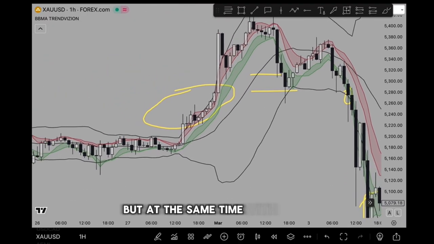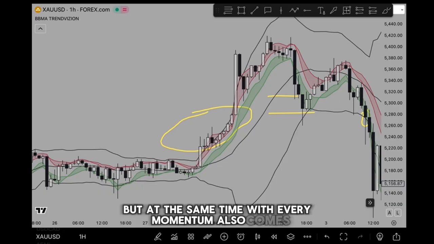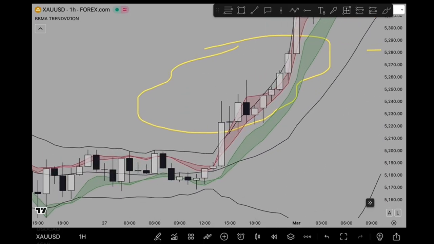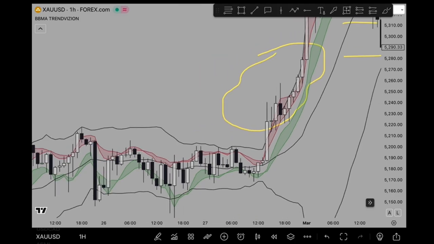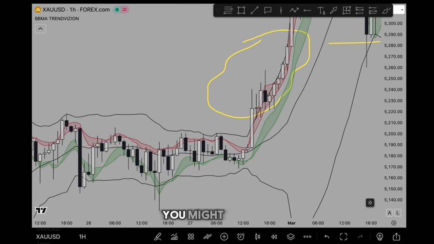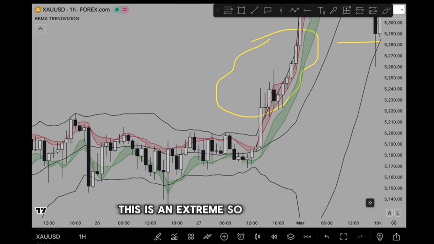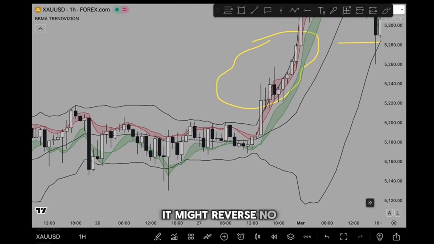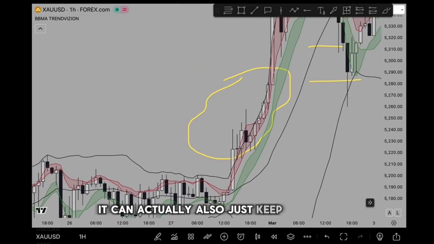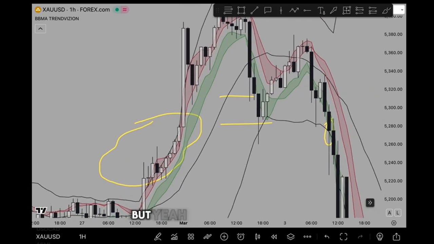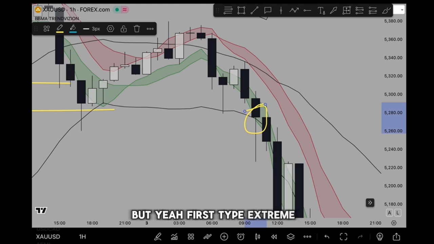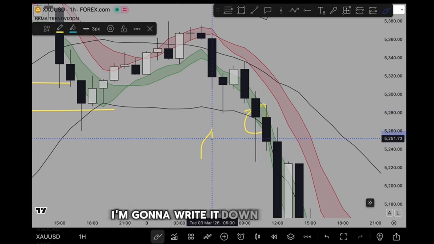But at the same time, with every momentum also comes an extreme. So that's a little bit tricky, that you have to get the right side, because you might think, oh, this is an extreme, so I have to be careful, it might reverse. No, it can actually also just keep going on an extreme. But yeah, first type, extreme A, I'm gonna write it down.